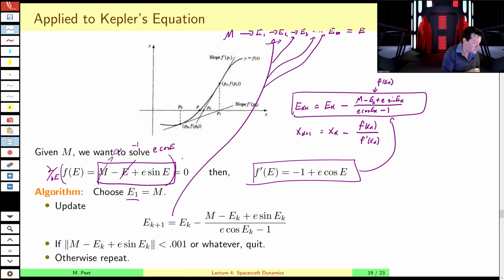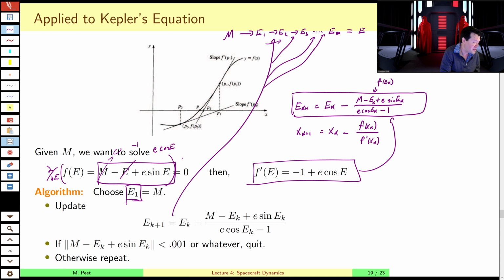Well, let me take just a brief pause and say that we have to have some initial guess for e. We have to initialize the algorithm some way. And what shall we choose? Well, the best guess in the majority of cases is just to choose the mean anomaly.